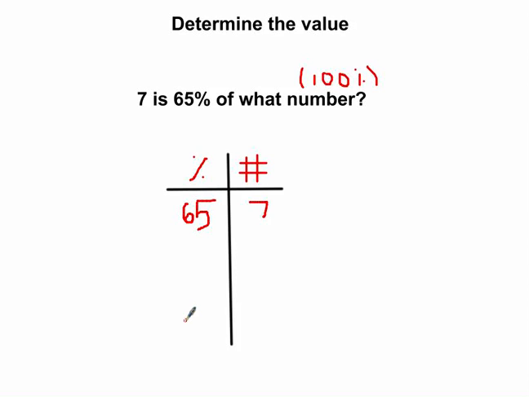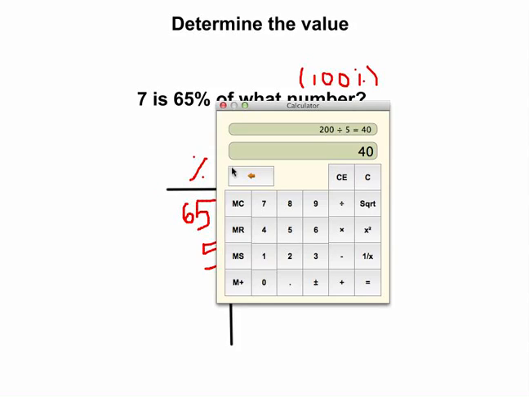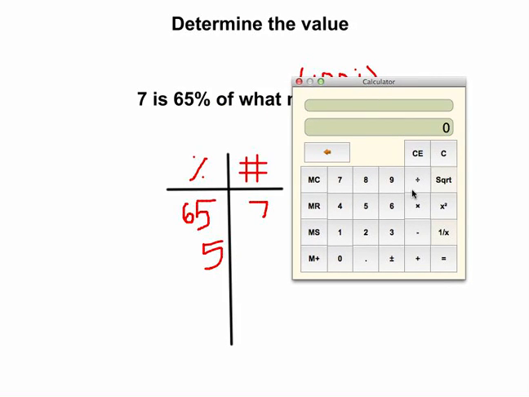So there's a lot of different pathways you can get there again. So how do you get to 100%? Well, I can go down to 5 if I want to. I can take whatever pathway I want. So to go from 65 to 5, I need to divide by 13. So now I need to do the same thing to 7. I'm going to divide both sides by 13. Ooh, and that's 0.538.